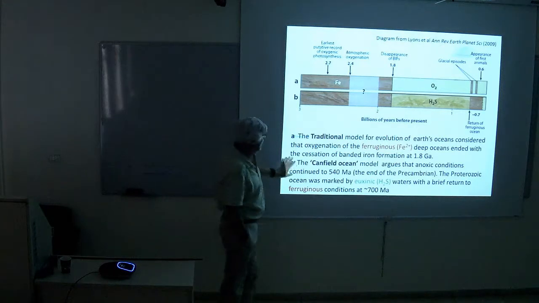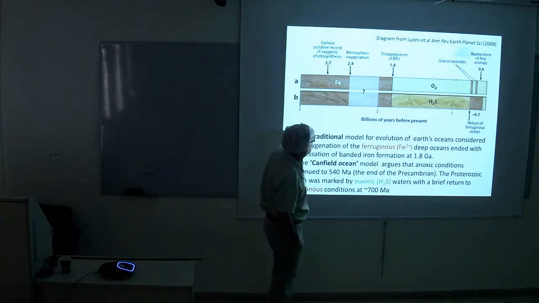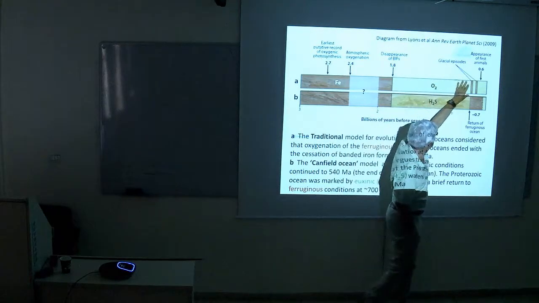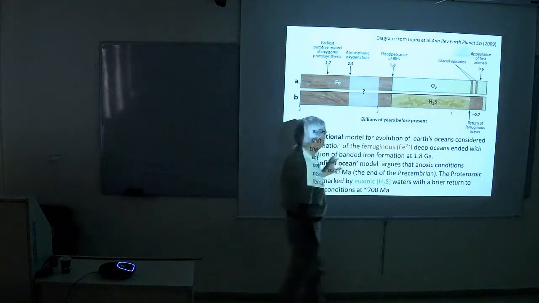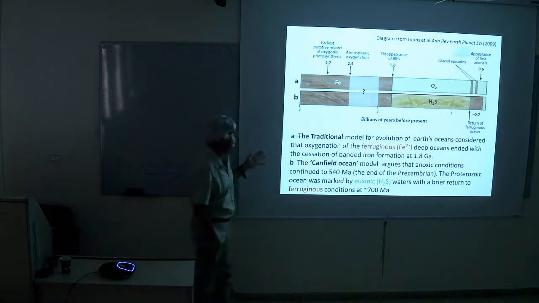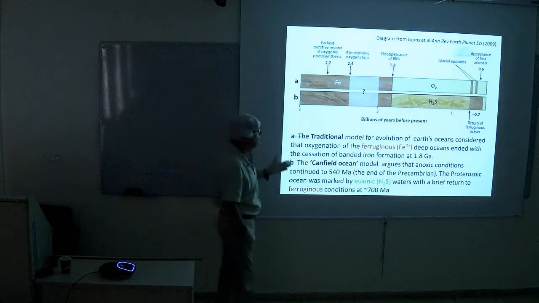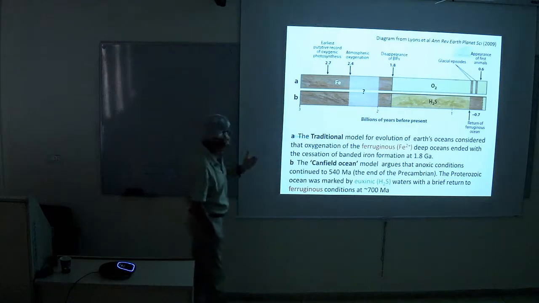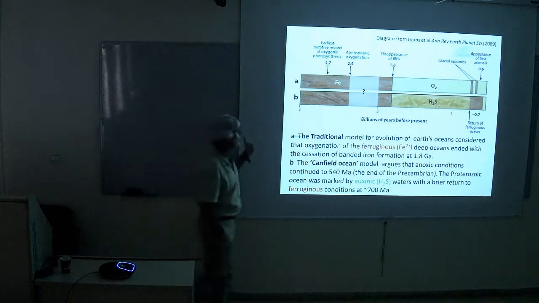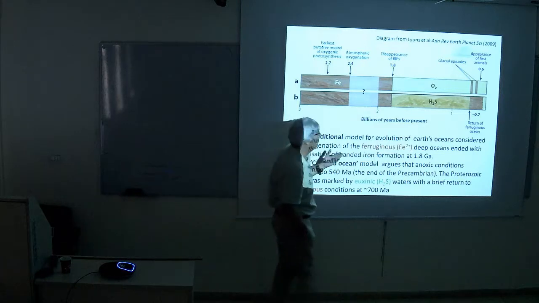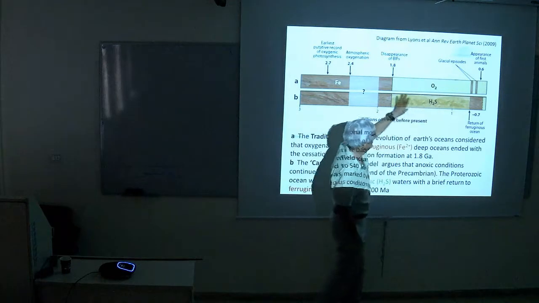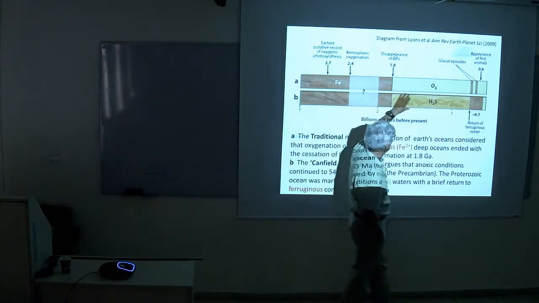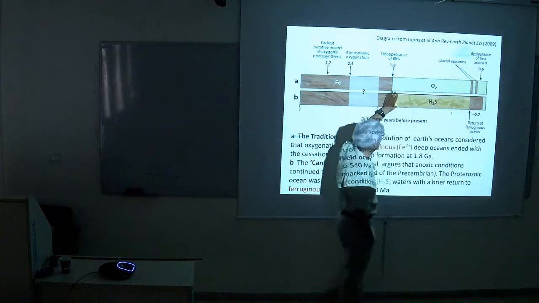But Donald Canfield, about 20 years ago, argued that this oxygenated Proterozoic ocean is not true. He argued that the levels of oxygen in the atmosphere were too low to produce much sulfate by weathering. And this sulfate that was produced in this Proterozoic atmosphere would have been converted to hydrogen sulfide by bacteria in the Proterozoic ocean, and therefore that in fact the Proterozoic oceans were euxinic.